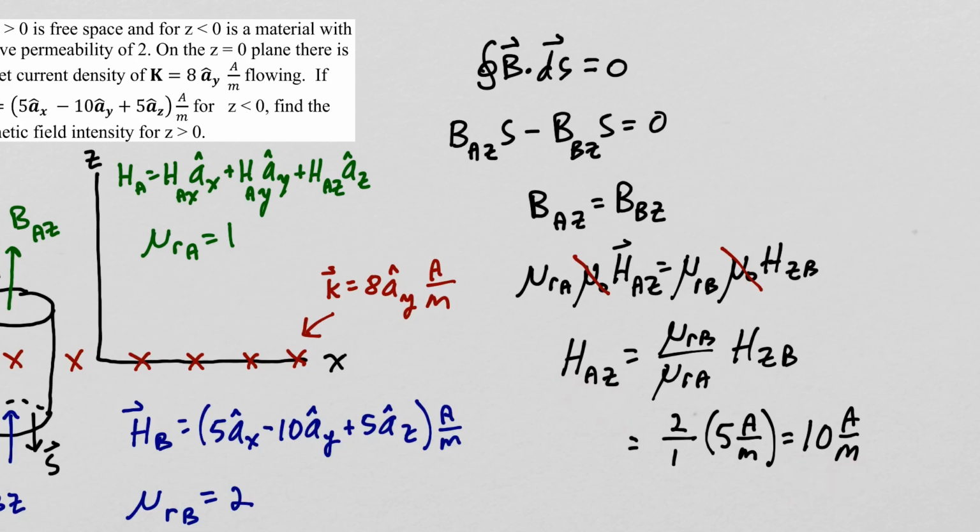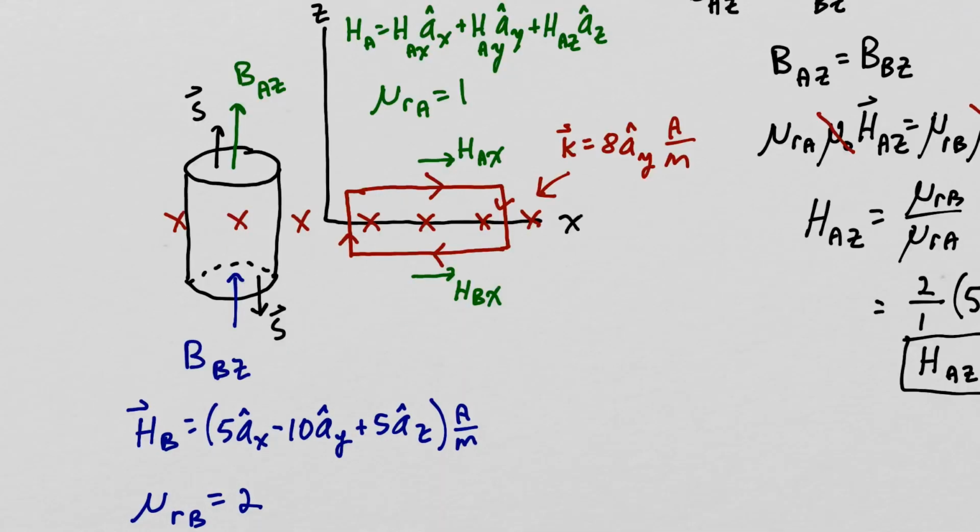So now we have to find H sub Ax and H sub Ay, and we're going to use Ampere's circuital law to do that. So here is our Amperian loop. The integral of H dot dl around this loop will equal the current enclosed.